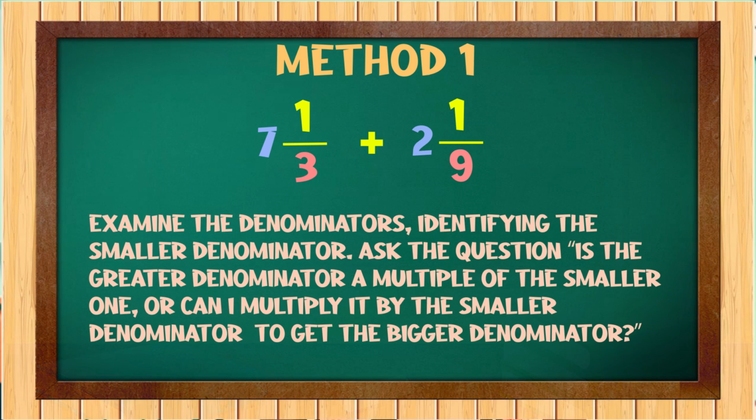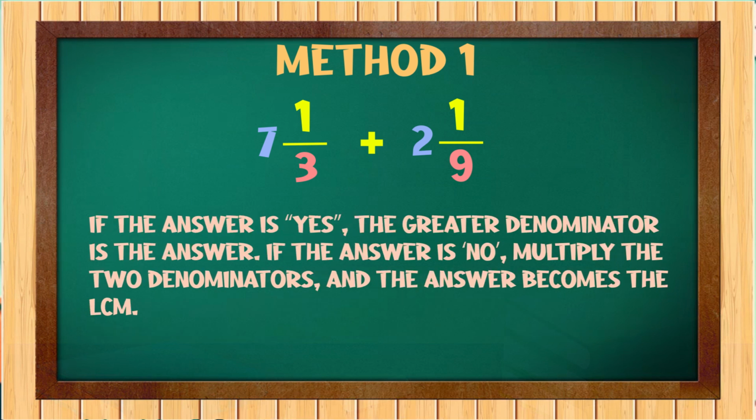And we ask the question, is the greater denominator a multiple of the smaller one? Or what can I multiply by the smaller denominator to get the bigger denominator? If the answer is yes, the greater denominator is the LCM. If the answer is no, we multiply the two denominators and the answer becomes the LCM.